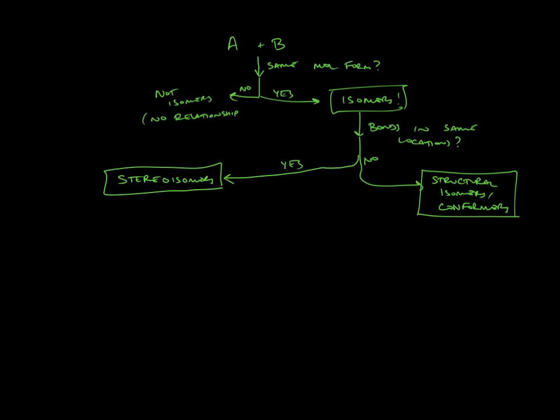Stereoisomers have two possible outcomes based on the question of, are all chiral centers switched? So that is going from R to S or S to R. And if yes, all the chiral centers are switched, then we have enantiomers.